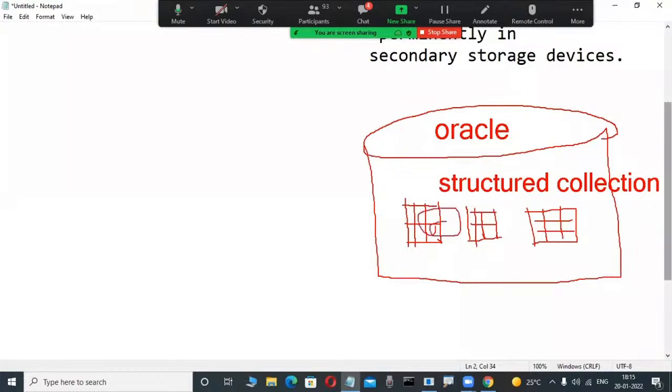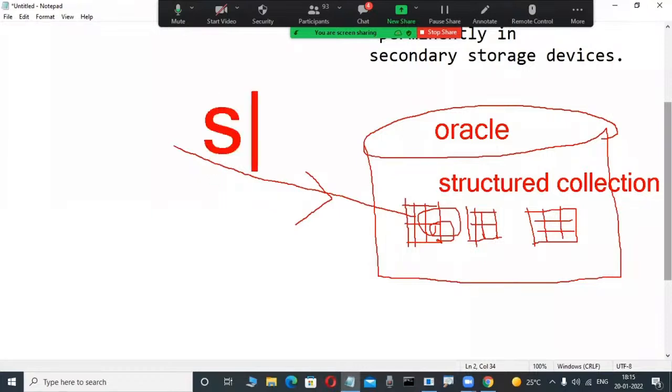Once a structured collection of data is there, to operate this data some language is required. What is that language? Maybe anybody has an idea? SQL, structured query language. Through this language only we operate the structured data in relational databases.